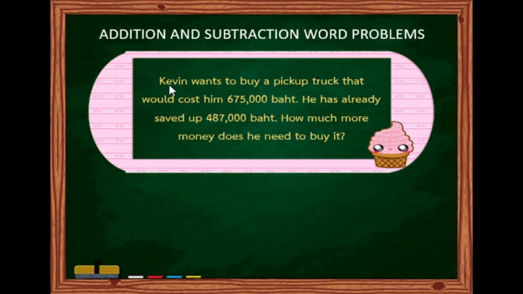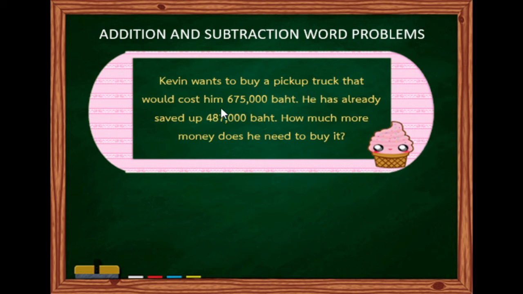Let me read the question for you. Kevin, you can read with the teacher as well. Kevin wants to buy a pickup truck that would cost him 675,000 baht. The truck is how much?